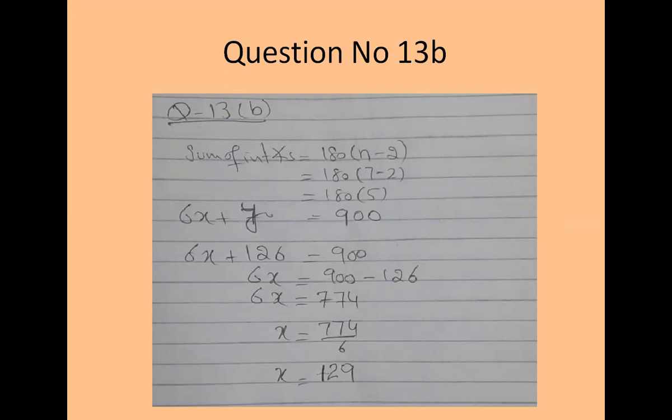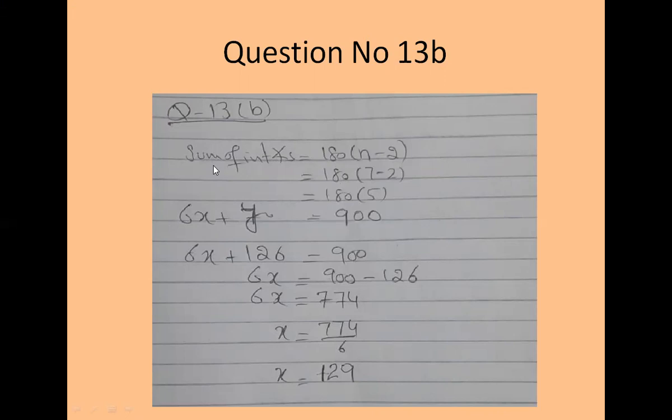The formula for the sum of internal angles of a polygon is 180(n minus 2), where n is the number of sides. So 180 into 7 minus 2, 180 into 5, that will be 900. So the total sum of internal angles will be 900.